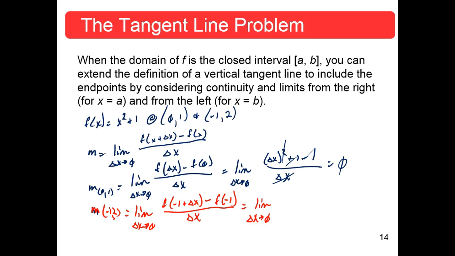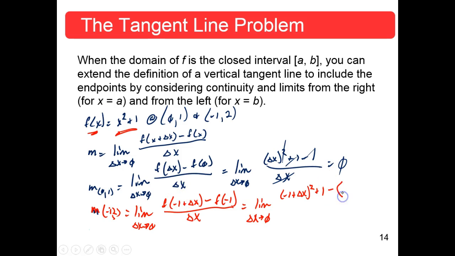Alpha of x is: take what's in here, square it, and add 1 to it. So you take negative 1 plus delta x and square it, negative 1 plus delta x squared plus 1. That's what this tells you to do. Your alpha says do that to whatever's inside of here.